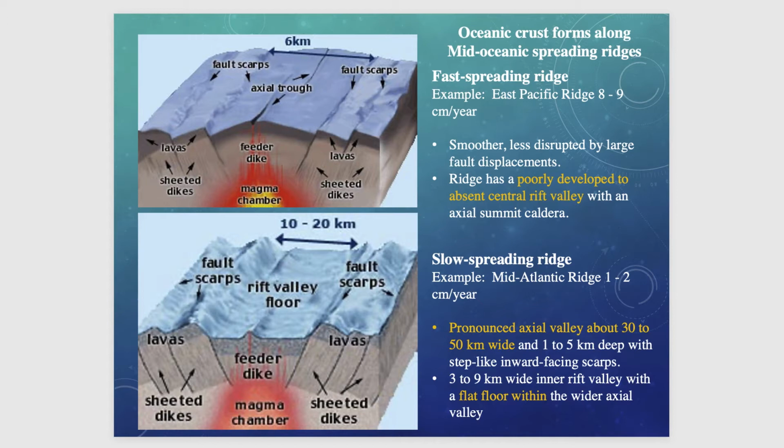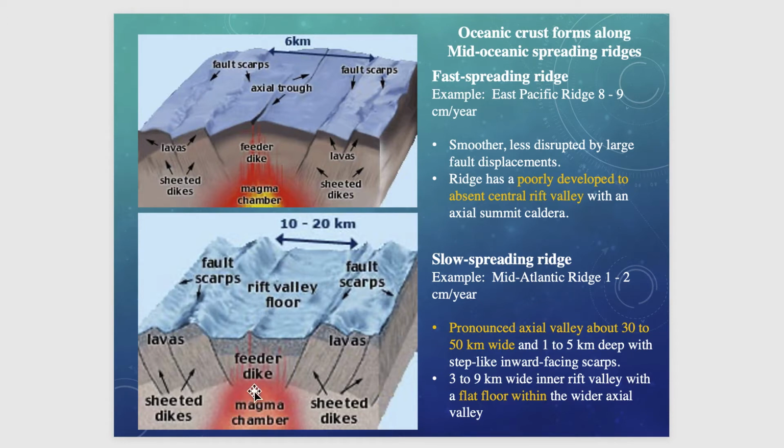So if you look at the picture down here, you see the difference. There are bigger fault scarps, and you get two major shoulders forming on the rift, which is usually also larger in size, so it goes up to 20 kilometers. So you have pronounced axial valleys, and also it's more flat, so you don't have a lot of magma pushing, so it will stay quite flat and form this graben structure, which is common in mature rift systems.